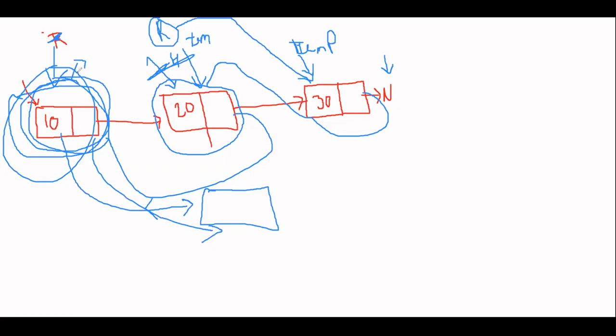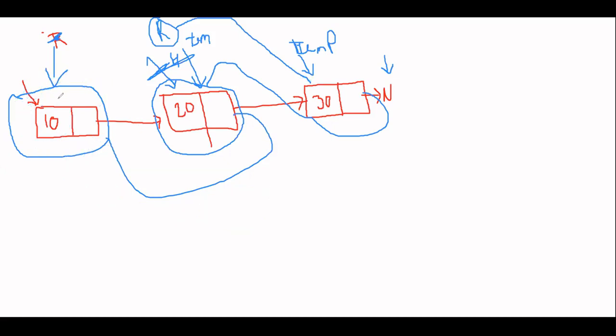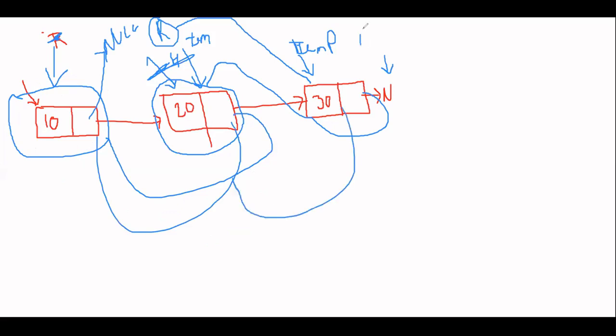This node 10 has already been created. So its next should now point to null, and 20's next will point to 10, 30's next will point to 20, and our reverse head will point to 30. It is that simple.